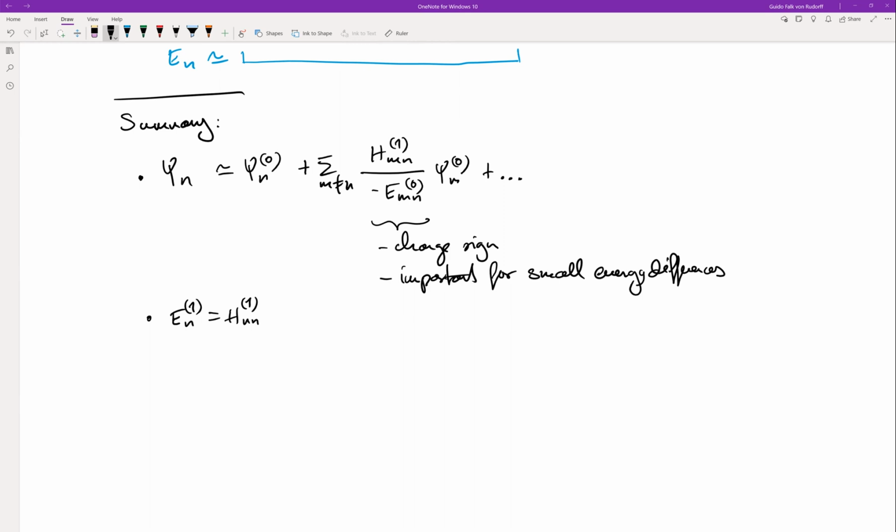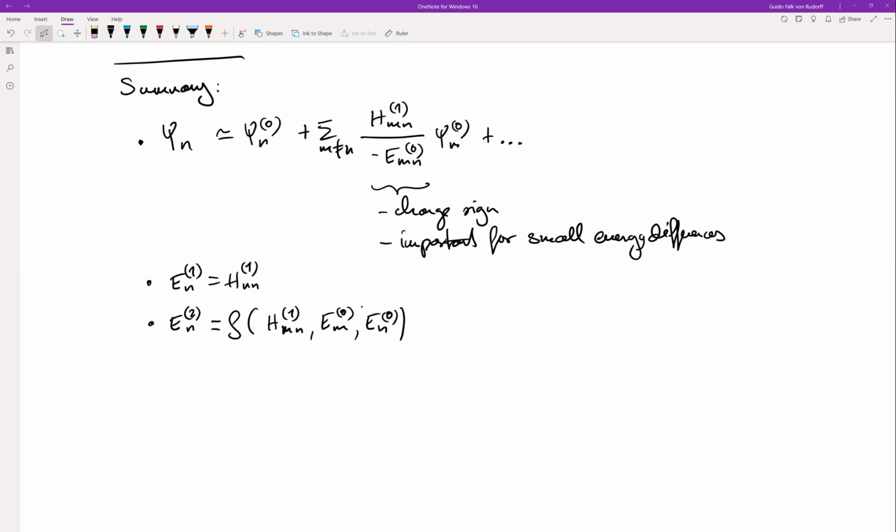And we have seen that the second order energy contribution is just a function of these perturbing Hamiltonian elements and of the corresponding energies of the unperturbed system. That's the crucial part, that it's always the information about the unperturbed system that goes into the second order perturbation.